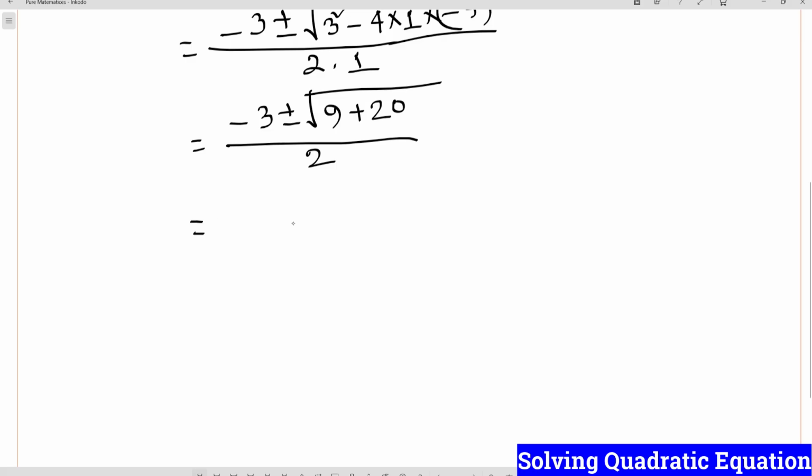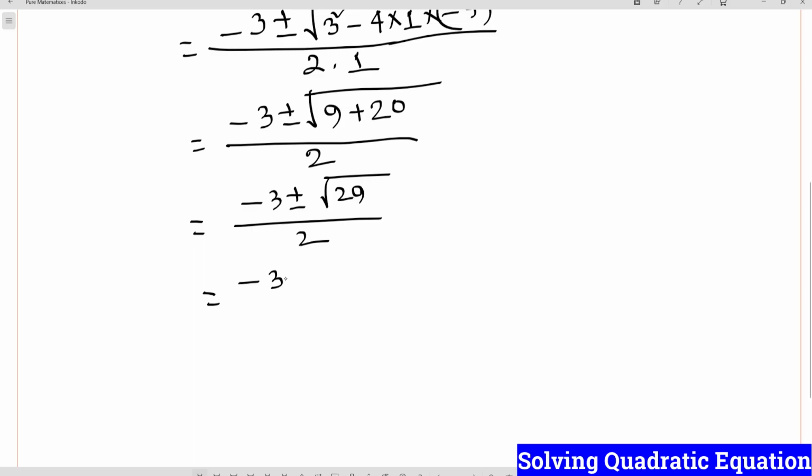So minus 3 plus minus root over 9 plus 20, which is 29, divided by 2. Root 29 will be 5.385. We can write this as 5.39.